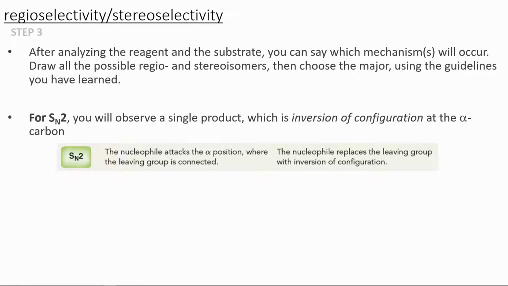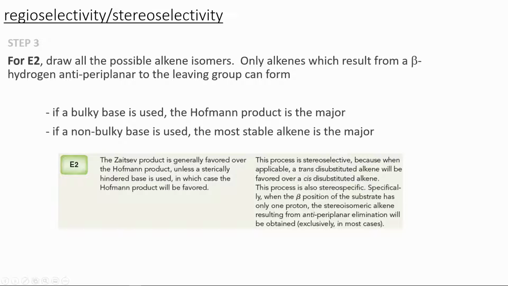For an SN2 reaction, we're going to observe a single product, which will be inversion of configuration at the alpha carbon. For an E2 reaction, there's going to be potentially several different alkene isomers that can occur. So we want to start by drawing all of these alkene isomers.